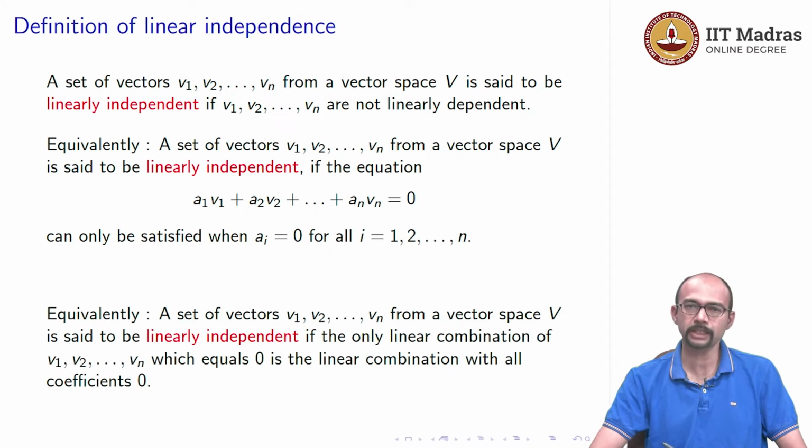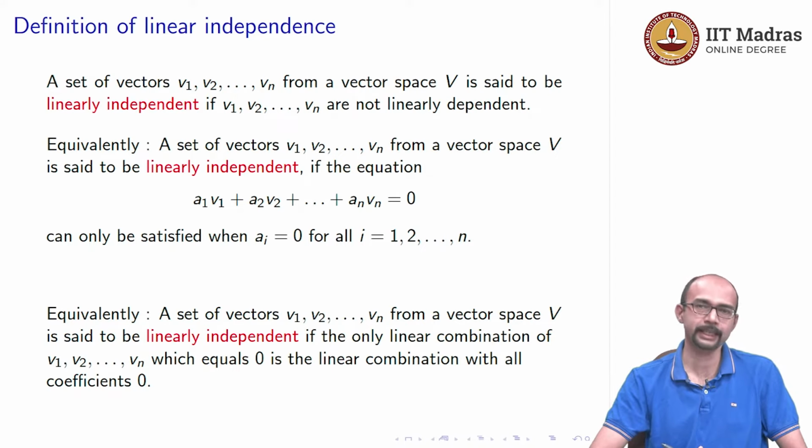Equivalently, in terms of linear combinations, a set of vectors v1, v2, ..., vn is linearly independent if the only linear combination of these vectors which equals 0 is the linear combination with all coefficients 0. Let us take a pause and understand what we are saying here. If the coefficients are 0, certainly the summation a_i v_i is 0.